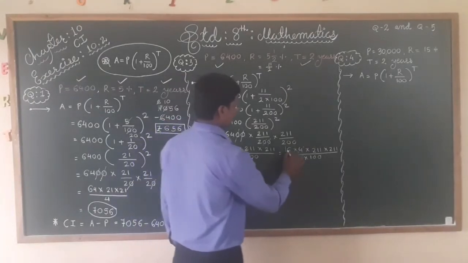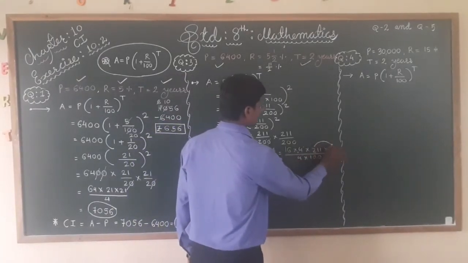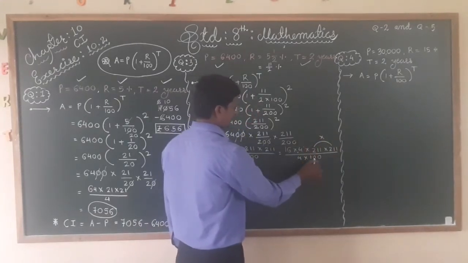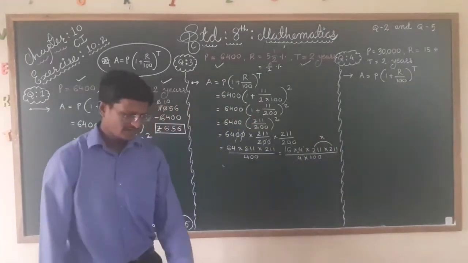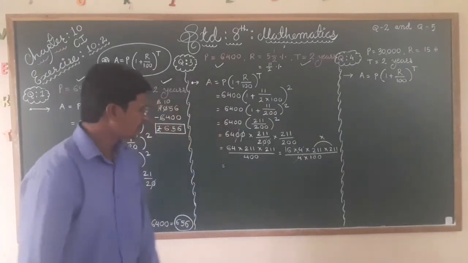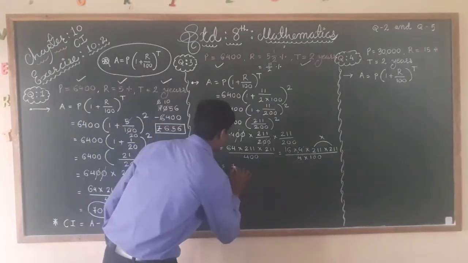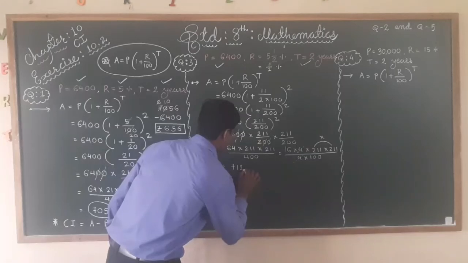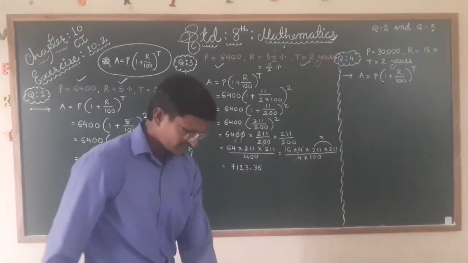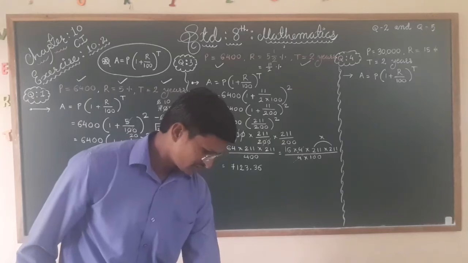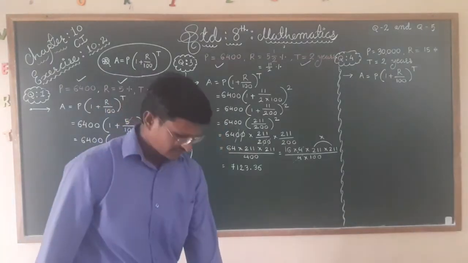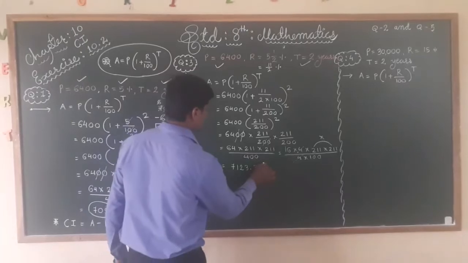So when you do multiplication of this 2, multiply and multiply with 16, divide by 100, you will get answer, that is 7,123.36. Okay, like this you will get answer. So answer you will get 7,123.36.